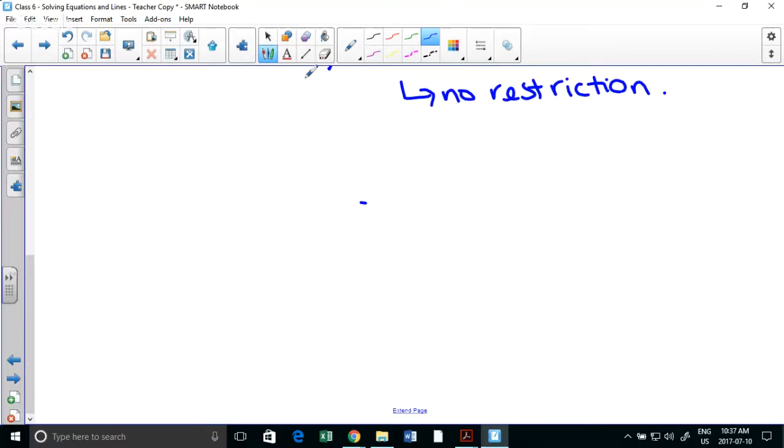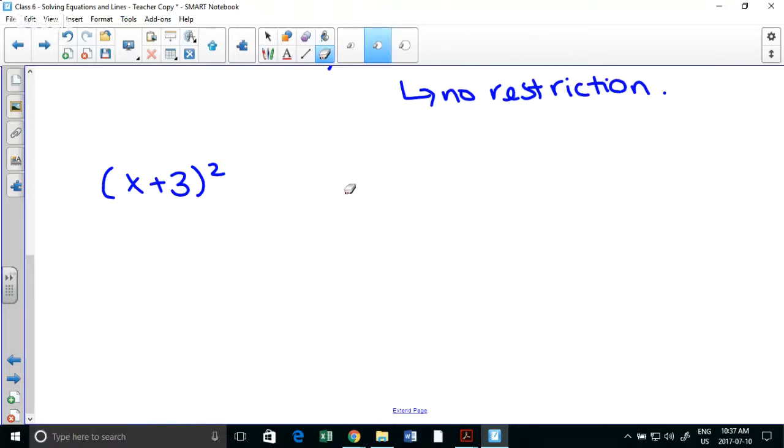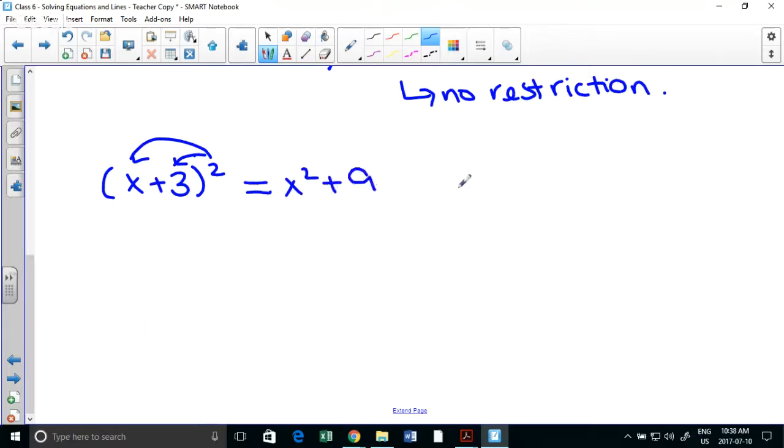Clarification number 2 would be this one. This came from assignment 4, number 3. Before we actually do this problem, I just want to clarify what this is. Some people said, well, this is x squared plus 9.